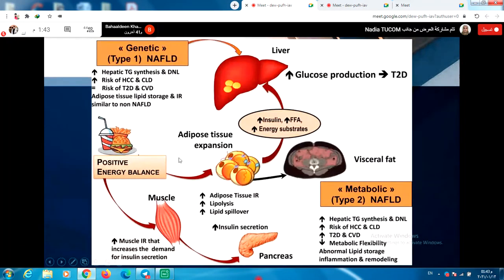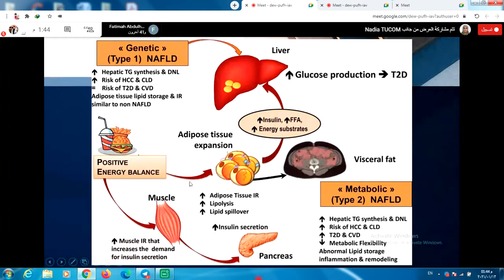There will be an increase in adipose tissue, an increase in triglyceride synthesis, an increase in hepatocellular disease and chronic liver disease, and a risk of type 2 diabetes and chronic vascular disease.